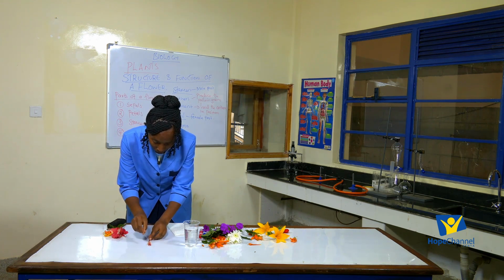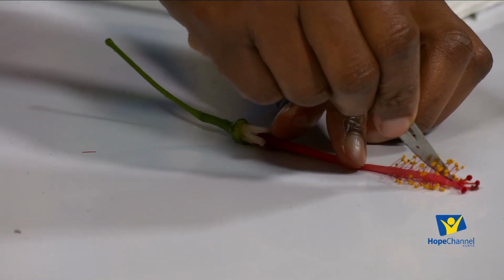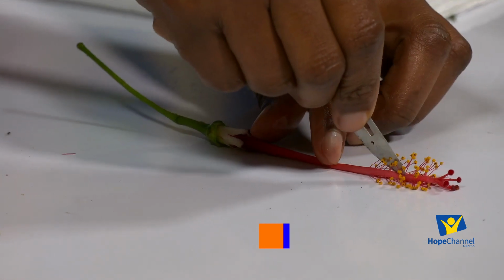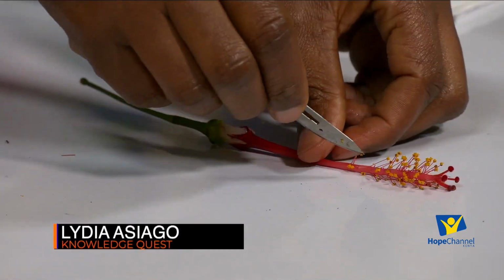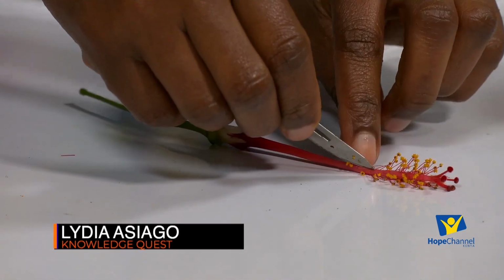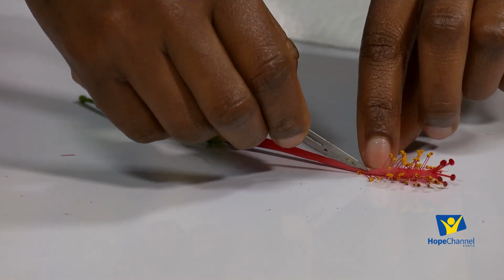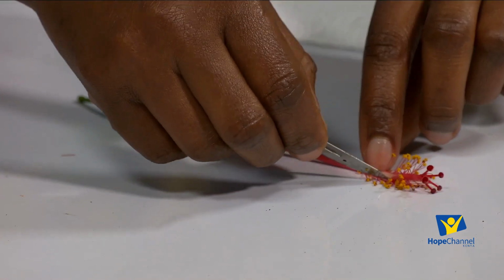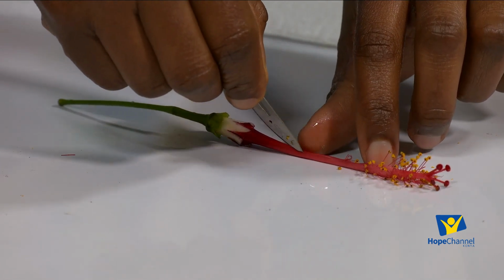Remember, a flower is a living organism. Living organisms are made up of organs. So I'm trying to open so that we are able to get. Remember, we are looking for the what? We are looking for the style in a flower.